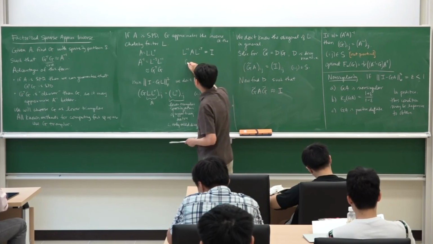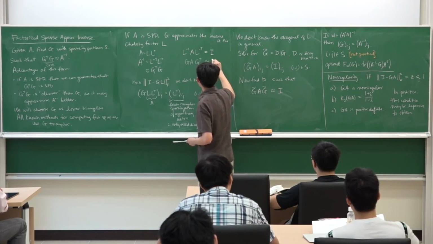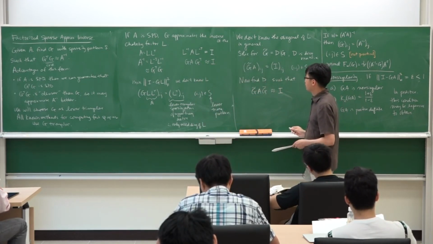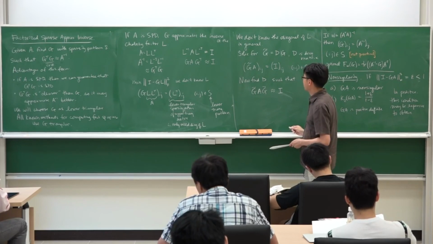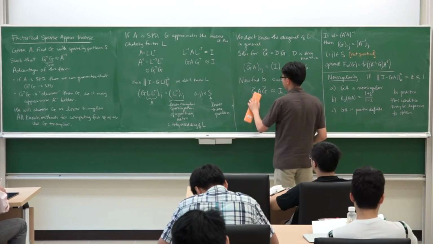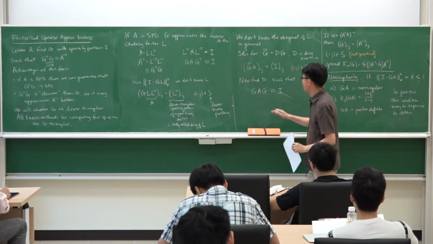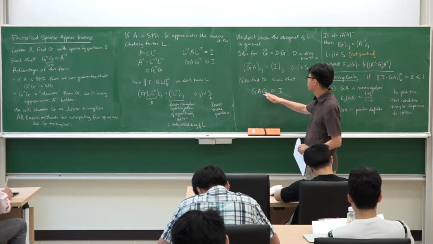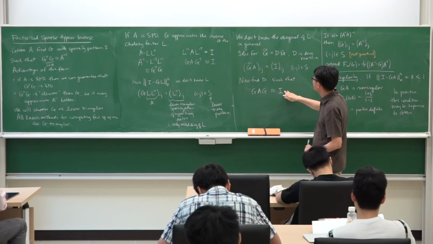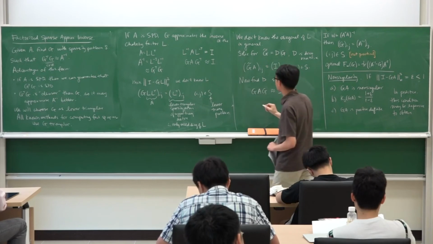So that means that G times A G transpose is approximately equal to the identity matrix. Actually, this is not G, these are, that's not tildes. Okay, so we want G A G transpose approximately equal to the identity matrix, and G is equal to D inverse G tilde.